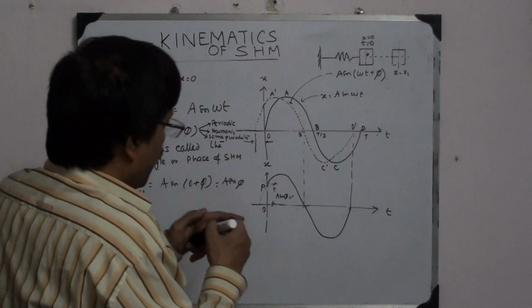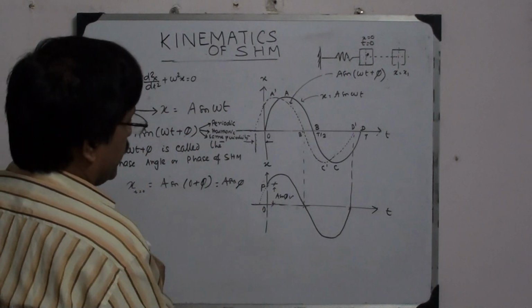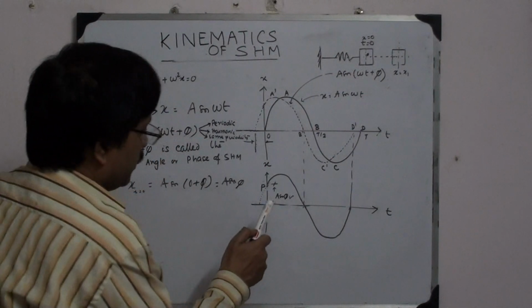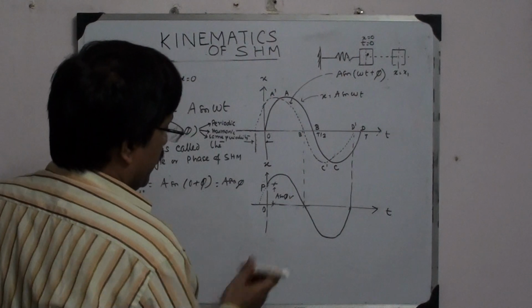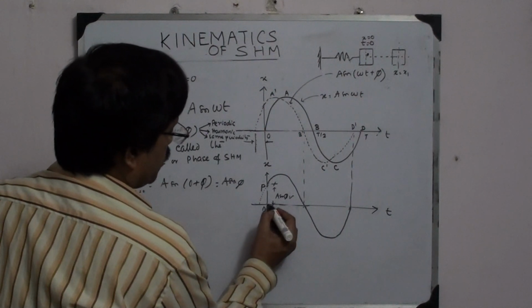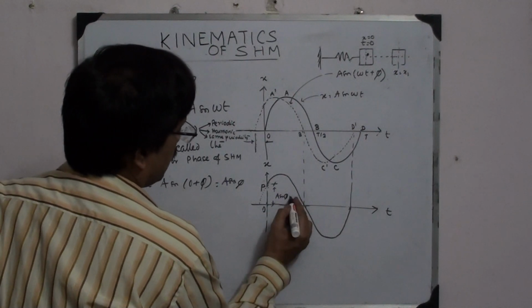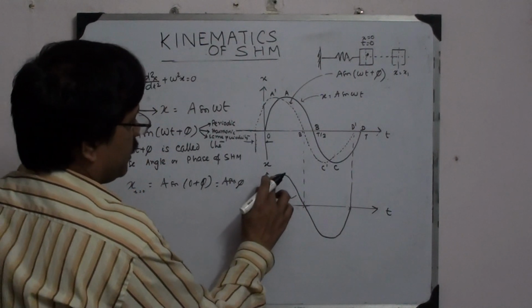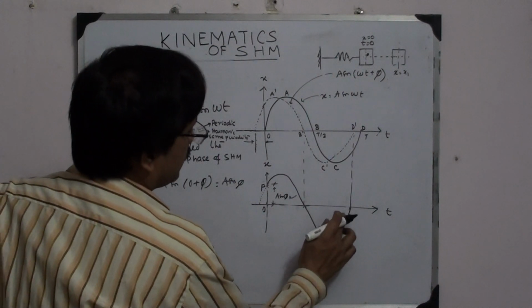So if we plot this, you will find at t is equal to 0, x is equal to a sin phi. The simple harmonic curve will look like this. This is t is equal to 0 and this length OP is a sin phi. So the simple harmonic wave will look something like this.